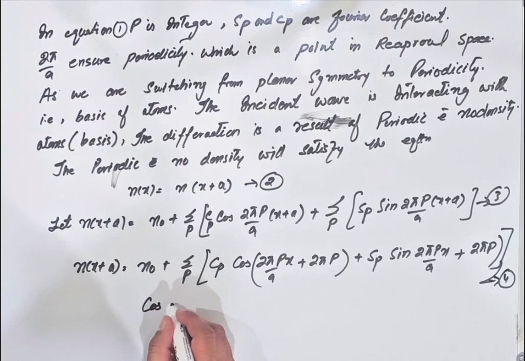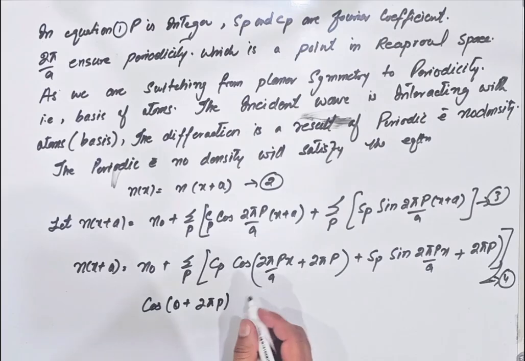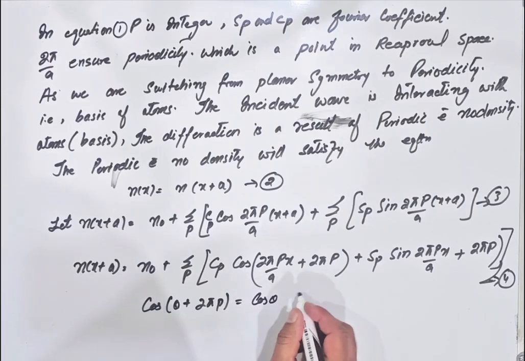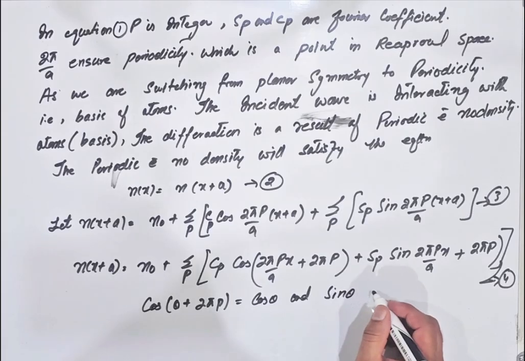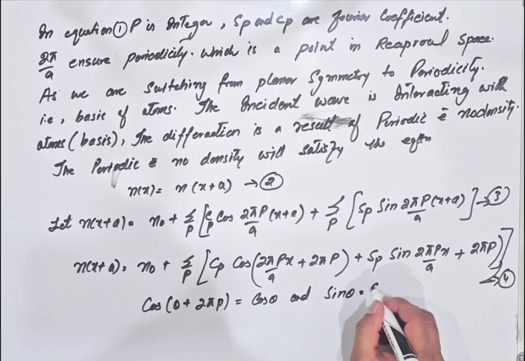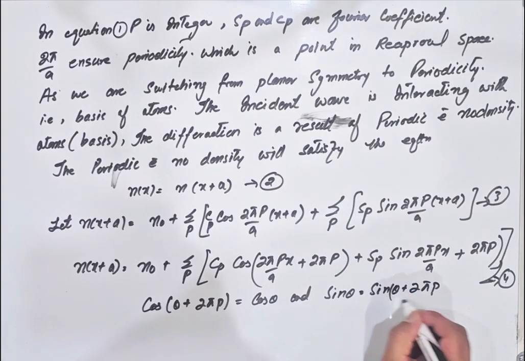Cos theta plus 2 pi p, meaning 2 pi times an integer, is equal to cos theta, and sine theta is equal to sine theta plus 2 pi p.